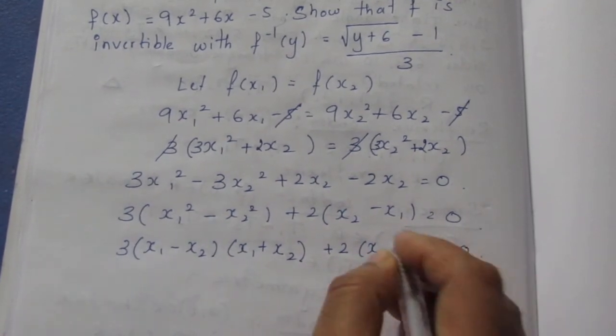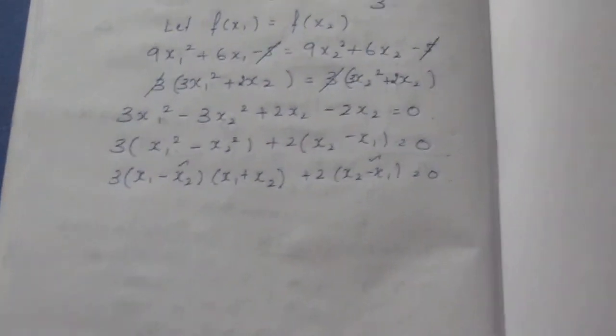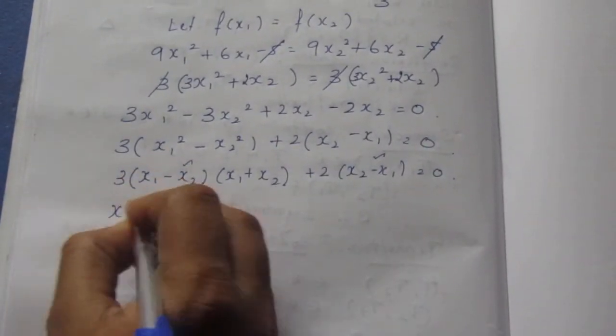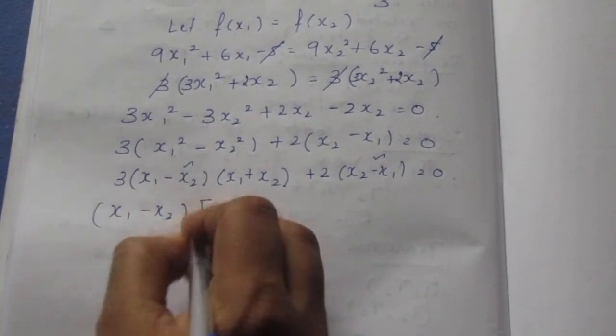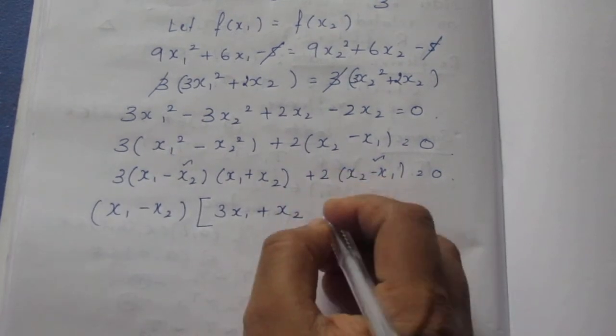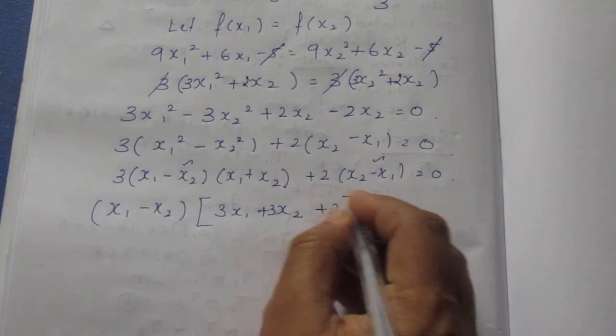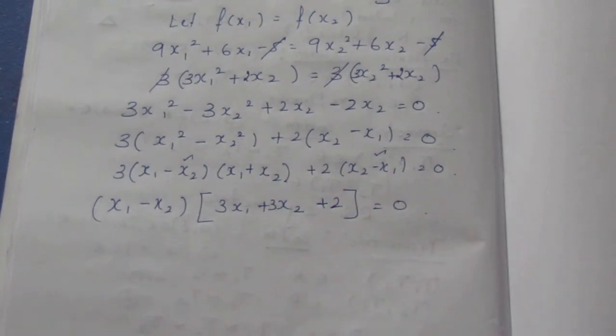Now we know that these 2 are in common. So we can take common outside. If I take common outside, it becomes (x1 minus x2) into (3(x1 plus x2) plus 2) is equal to 0.